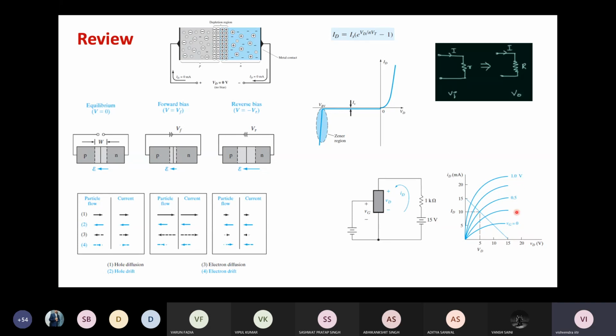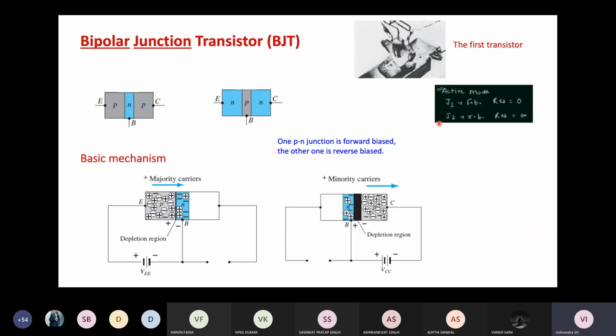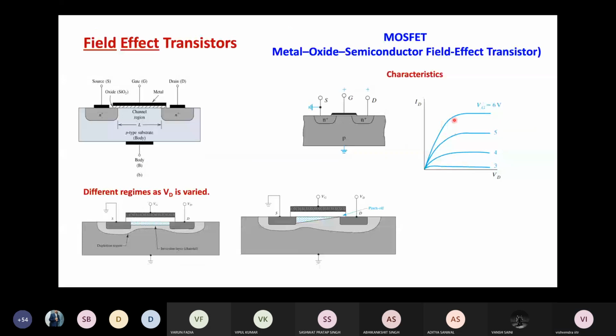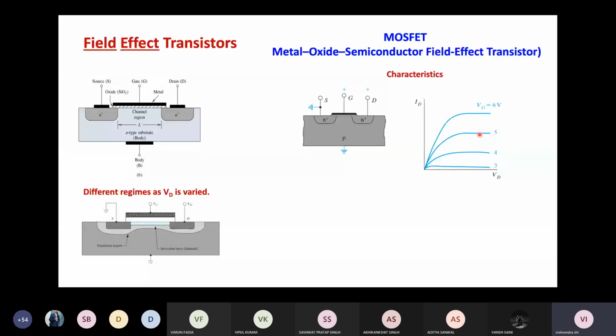A voltage on the third terminal is controlling the current between the two other terminals. Exactly the same thing is happening in the case of MOSFETs. But the question is, why is this current saturating after a certain drain voltage? If you understand this, then most of these characteristics will be clear to you.